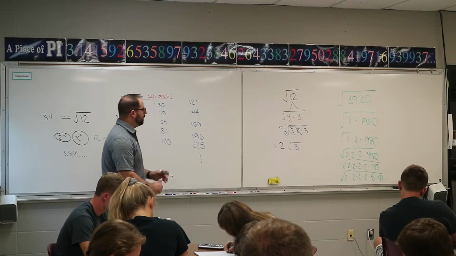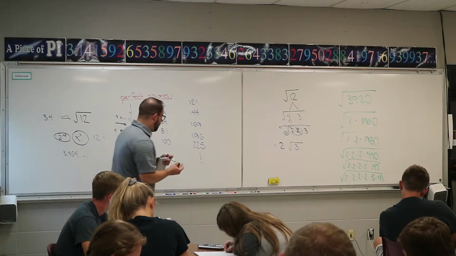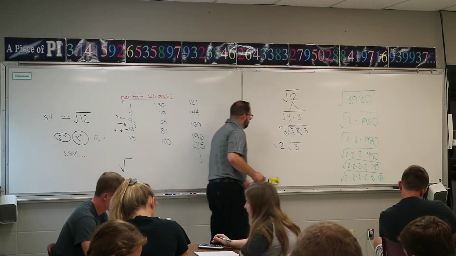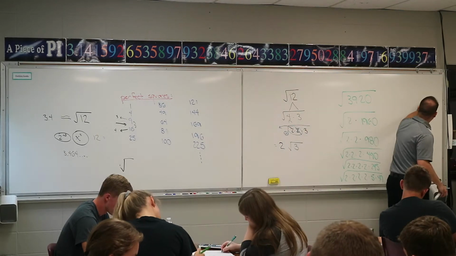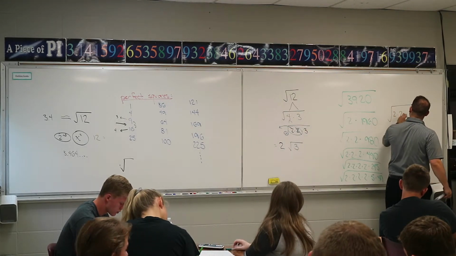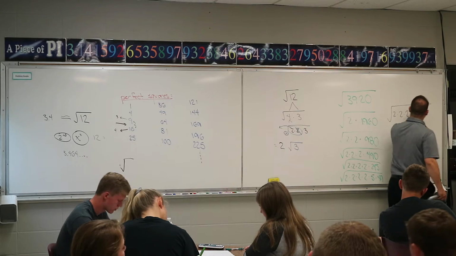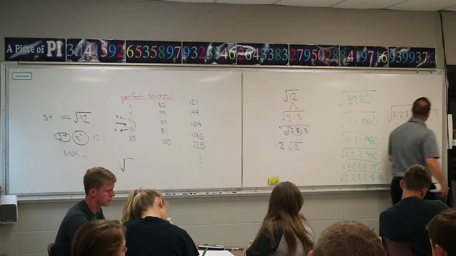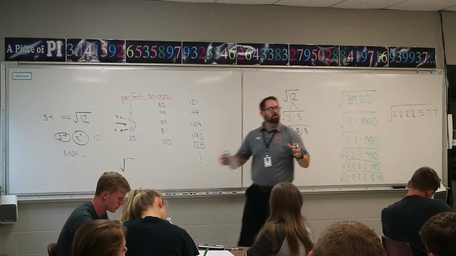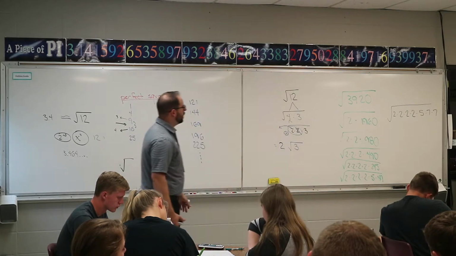And 49, what, 7 and 7? Okay, so bringing this down as far as we can, here's what I have. 2, 2, 2, 2, 5, 7, 7. That's the complete breakdown of the 3,920.